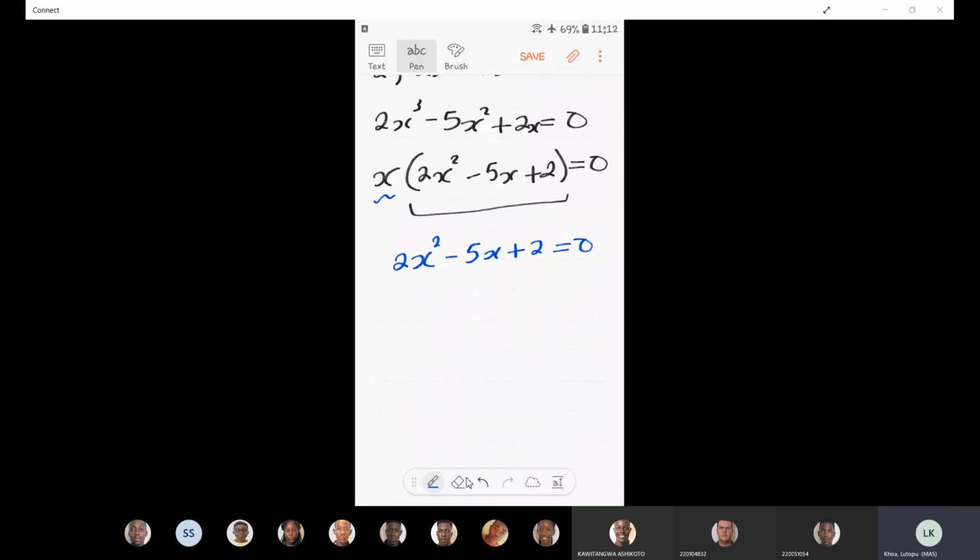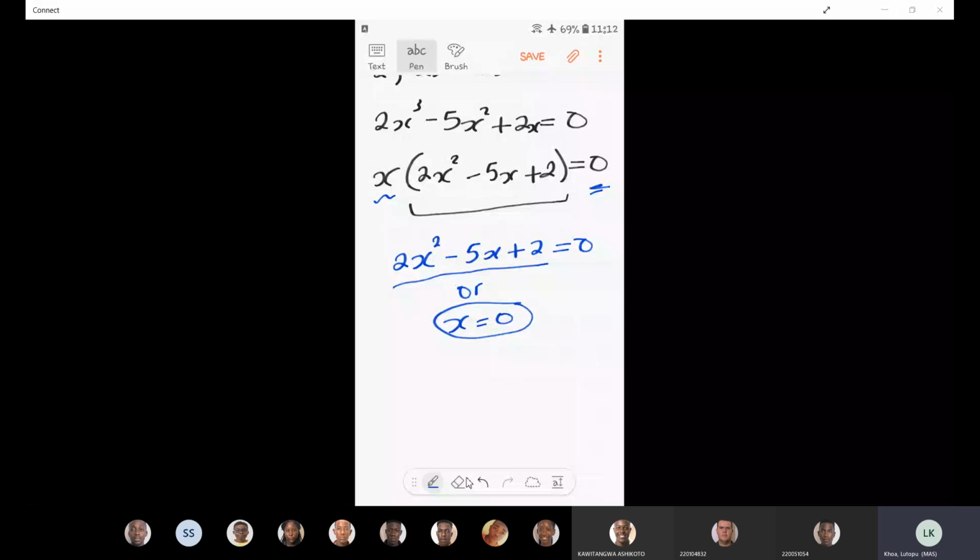They are multiplying, and the answer is 0. This means that either the big bracket is equal to 0, or x is equal to 0. So again, when two terms are multiplying and the answer is 0, it means one of them must be 0. It's a must. Then x is already solved because I know its value. It's just the bracket that is left for me to solve.